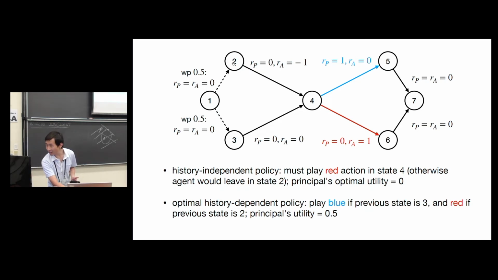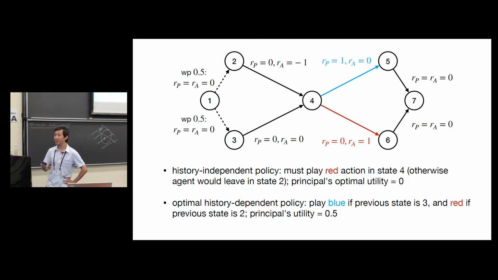So let's take a look at state 2. By definition, the agent's onward utility has to be non-negative in state 2, right? That's part of the constraint. The tricky thing is that after leaving state 2, the agent immediately loses 1. So we have to compensate for that.